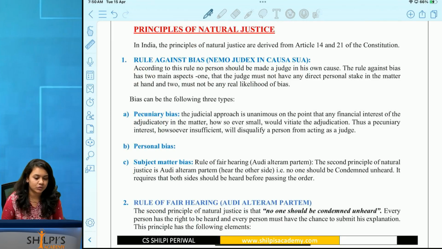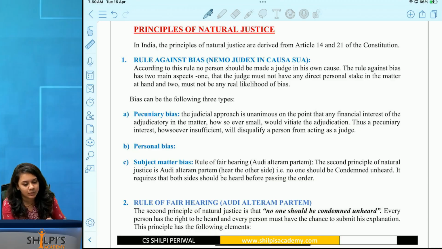We are now coming on to the principles of natural justice. Our principles of natural justice are derived from our constitution itself, and they go ahead to give two specific principles of natural justice. That is, your rule against bias, also to be read from the legal maxim, that is nemo judex in causa sua, in the sense that they are saying that a person must not be a judge in their own case.